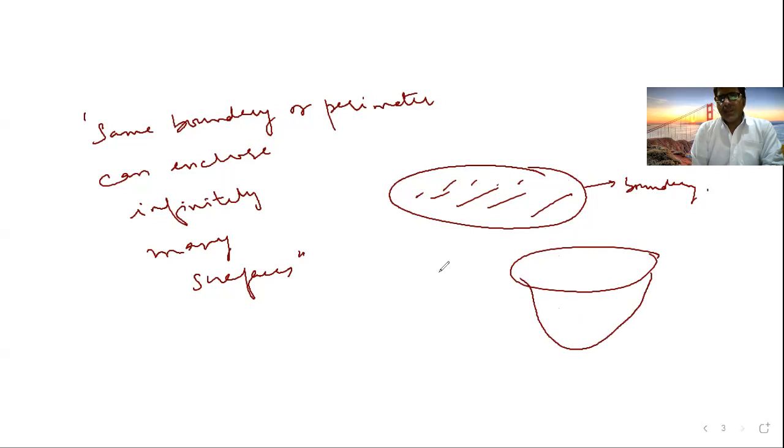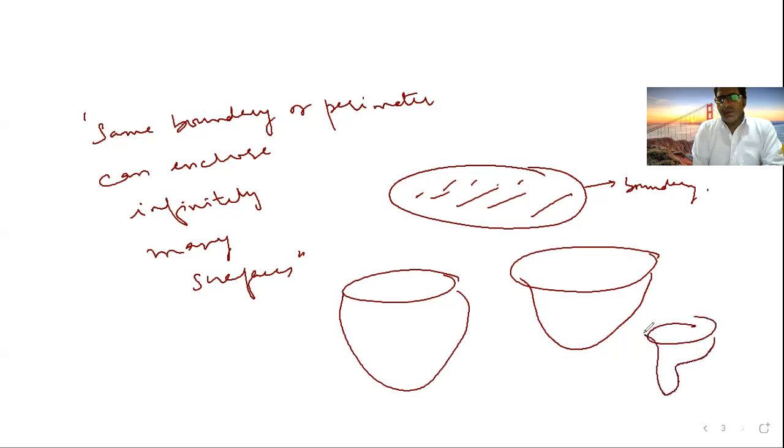You can bend this surface many ways. You can bend it like this, like this, or some different way. In all cases, the perimeter or boundary of the surface is the same, but the surfaces are different. Let this be S1, this some other surface, this some other surface, right?